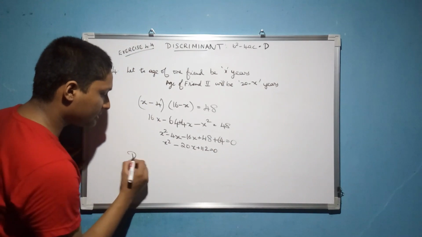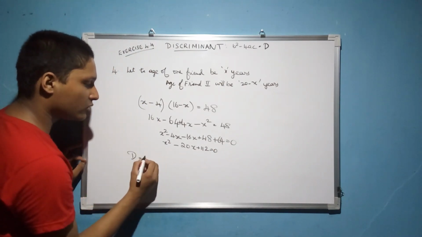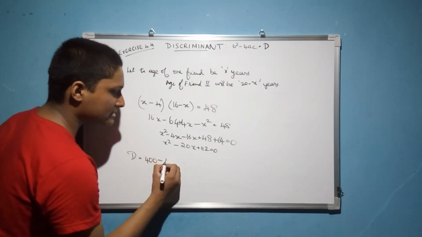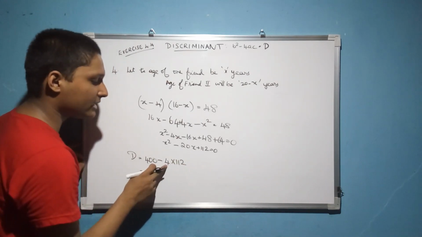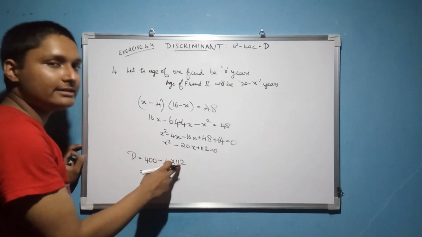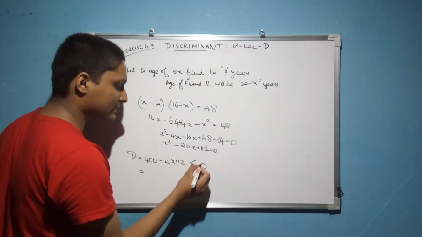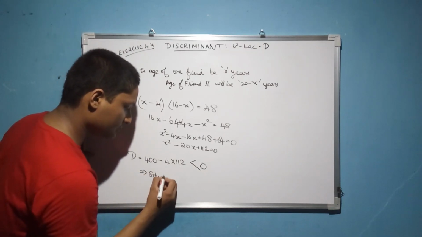Now we need to find the discriminant for whether it is possible or not. So it forms minus 20 whole square is 400, then you have minus 4 into 112. You can find out that 4 into 100 is 400, but 4 into 112 will be more than 400. Therefore, it is going to be less than 0. Therefore, the situation is not possible.